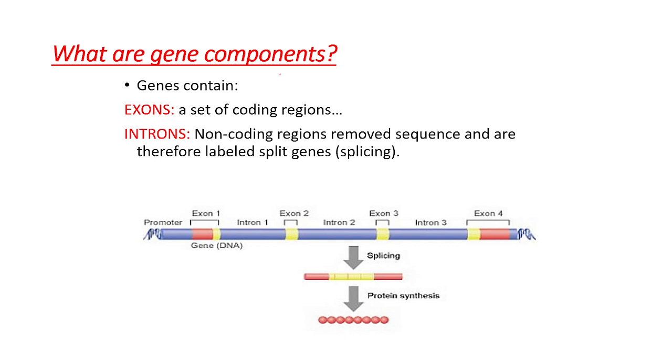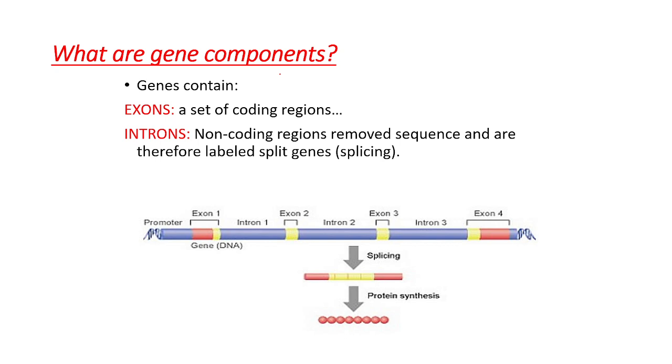So these exons are very important, the set of coding regions which code for the proteins, whereas the introns on the other hand are the non-coding regions, the non-essential part, and therefore they are spliced out of the gene product, and then the exons attach, and via that we get our protein.